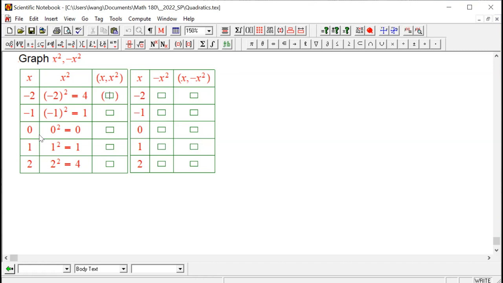You can see whether the input is negative or positive, the output is always positive or 0. If the input is 0, the output is 0. So for this function, regardless of the sign of the input, the output is always non-negative. This is the range of x squared.